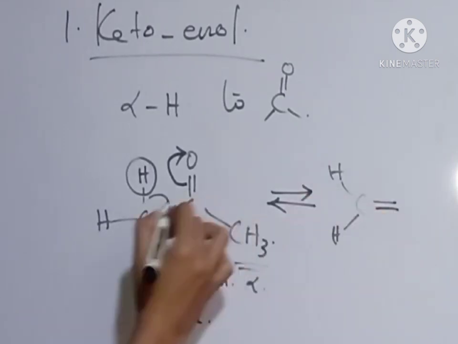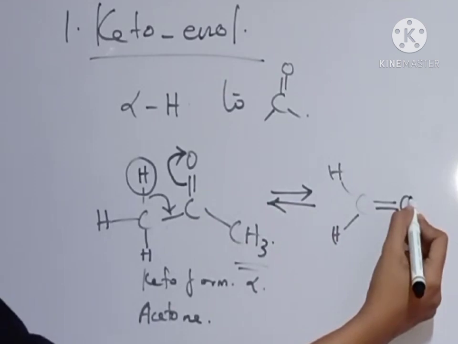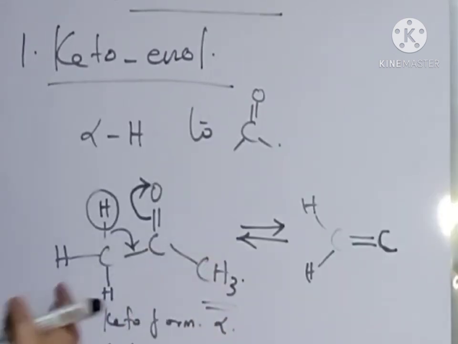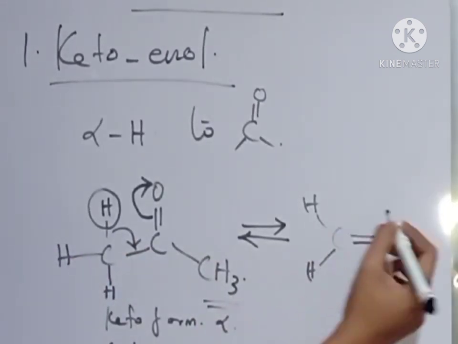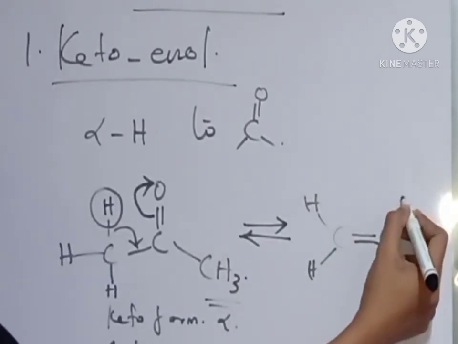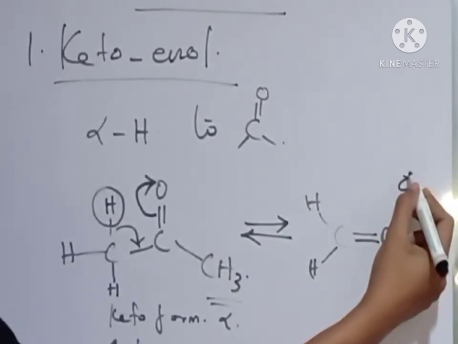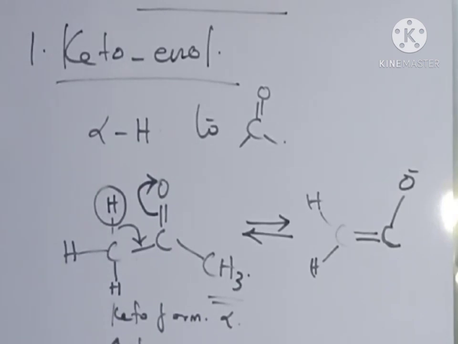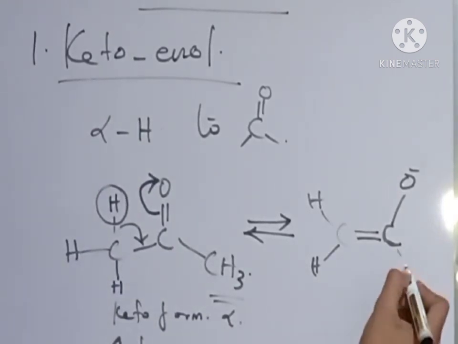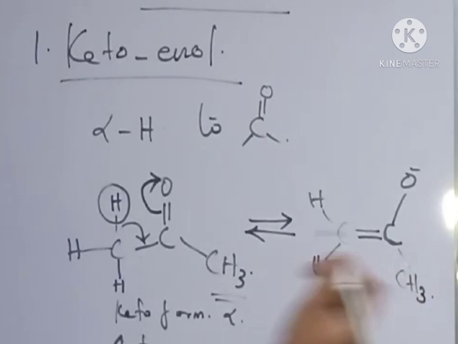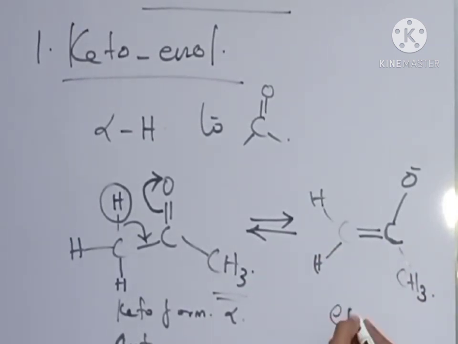Then the single bond will be converted to a double bond. And here a double bond is not there, only a single bond attached to an O- group and a CH3 group. This is the enol form.